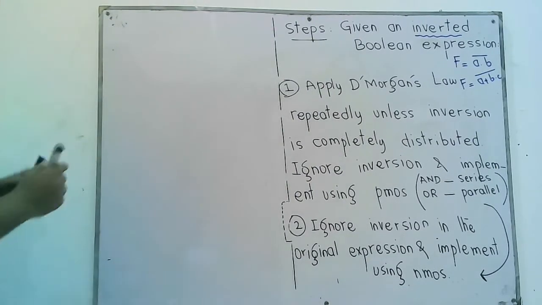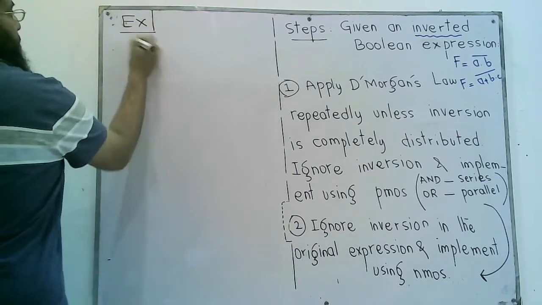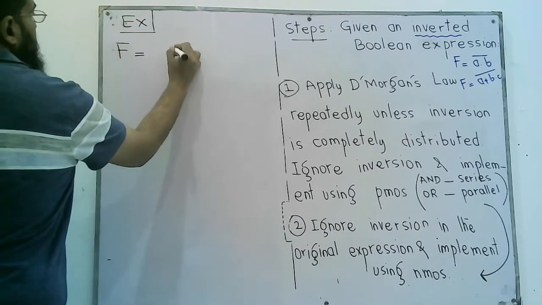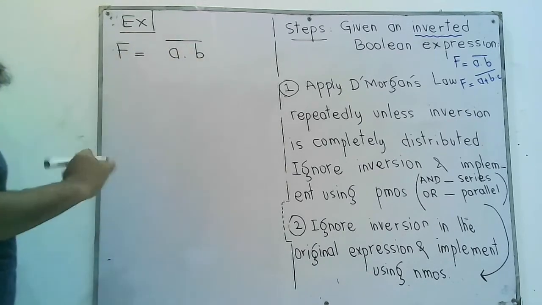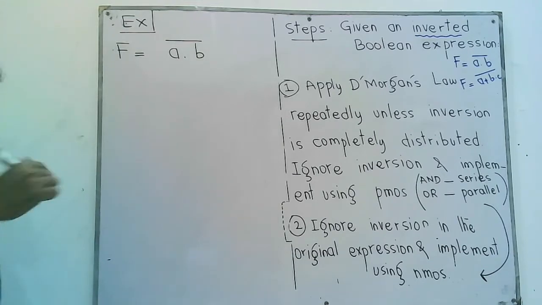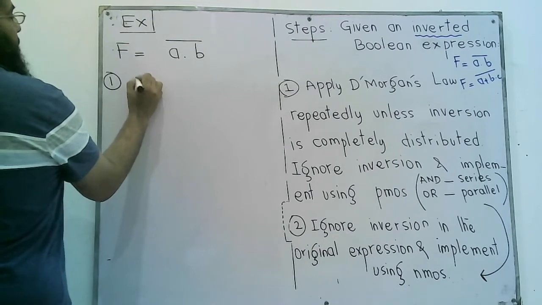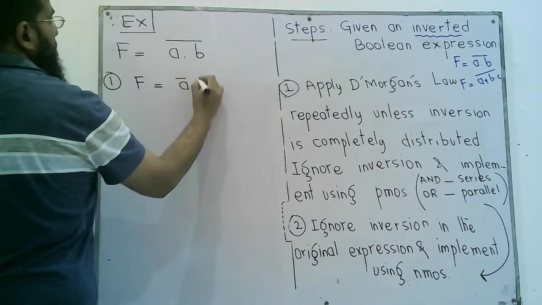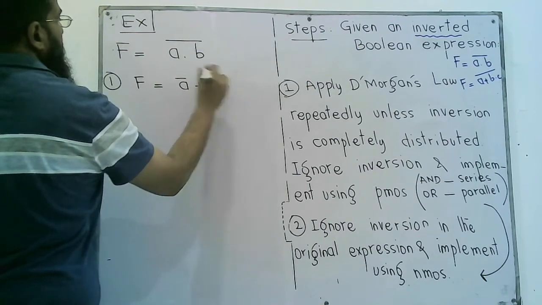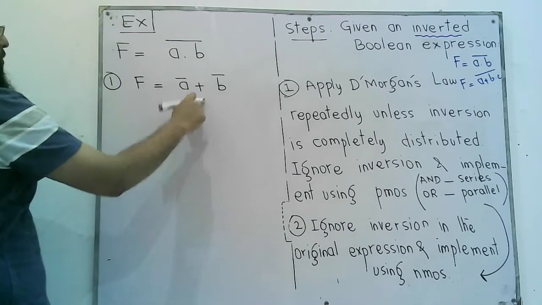For example, we are given this Boolean expression. It's a 2-input NAND. We also call it NAND 2. So step number 1 would be we'll apply De Morgan's law. This inversion is distributed on A and B, and the operation is replaced with its dual.